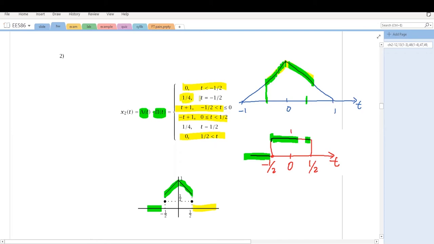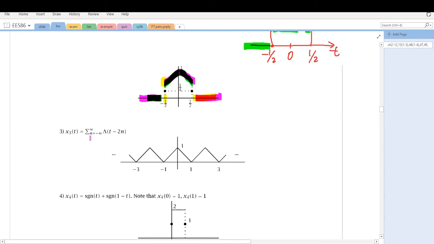Here, that's a special case when t equals minus a half. It marks it halfway from here to here. That's fine. We do not have to specify that, because that's only one point, it's okay. As long as we have this waveform and this waveform, we're fine.